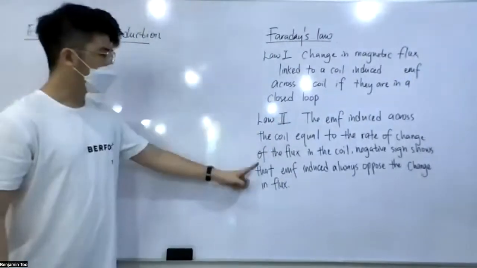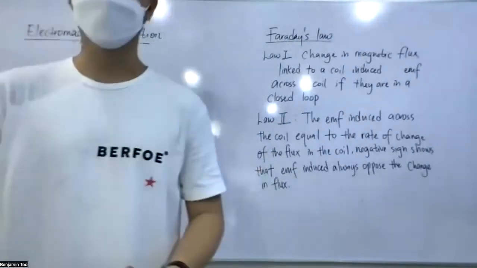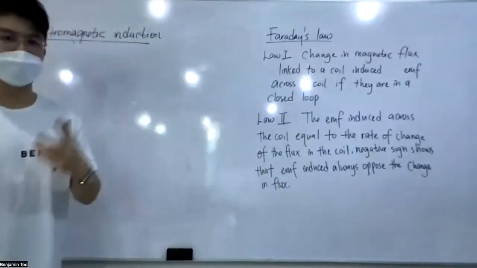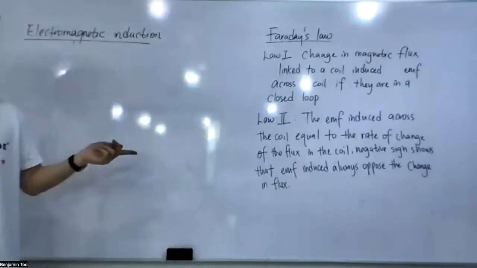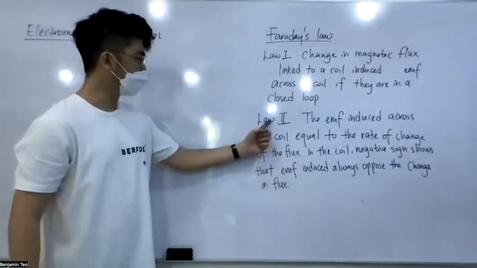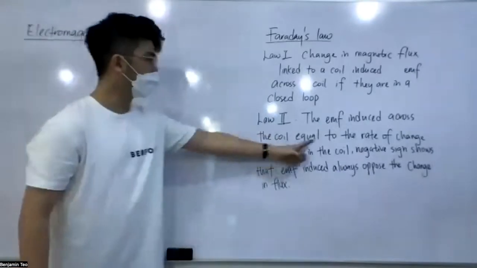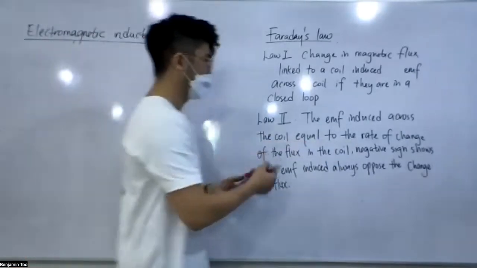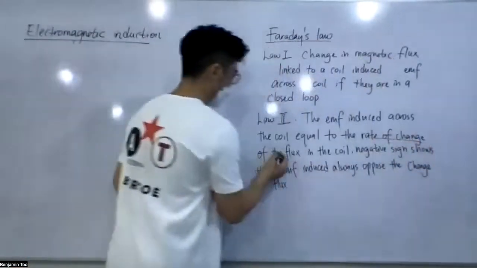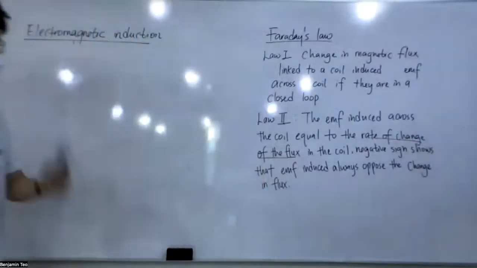Law number 2 talks about the calculation behind it. If we want to calculate the amount of EMF induced, how do we calculate it? Based on this, the EMF induced across the coil is equal to the rate of change of the flux.